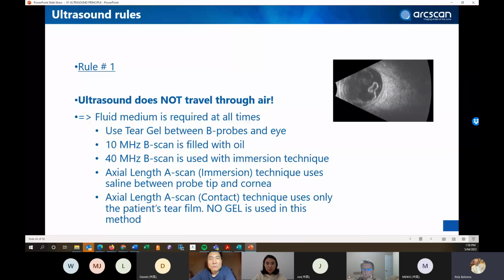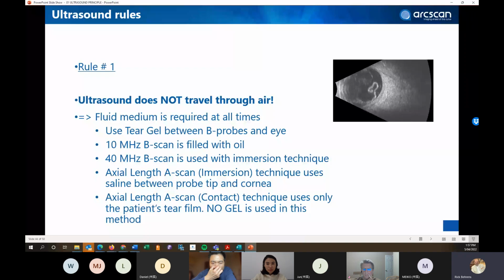So remember that ultrasound will not travel through air, you need to have a good contact, and that's why we fill the eye seal with balanced salt, and we produce a beautiful image.